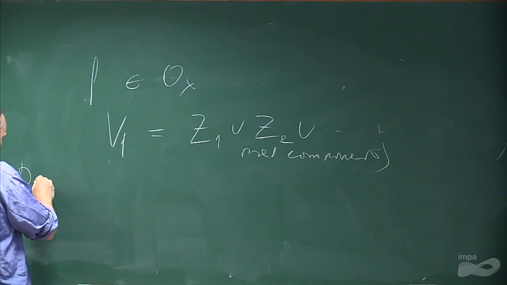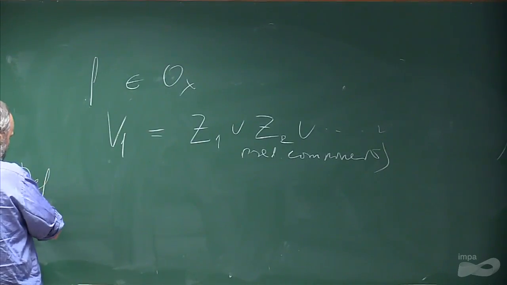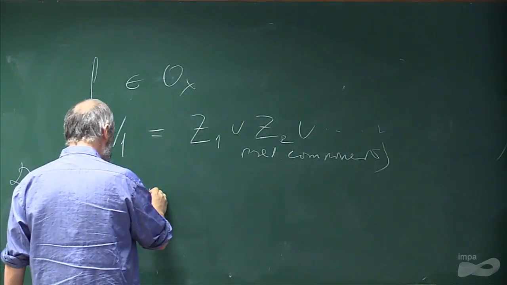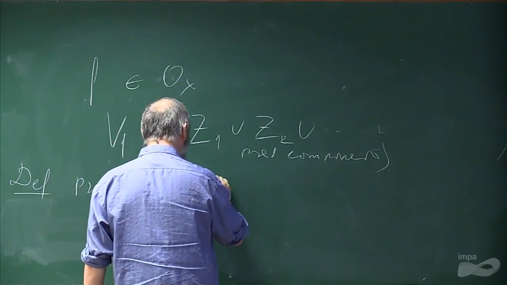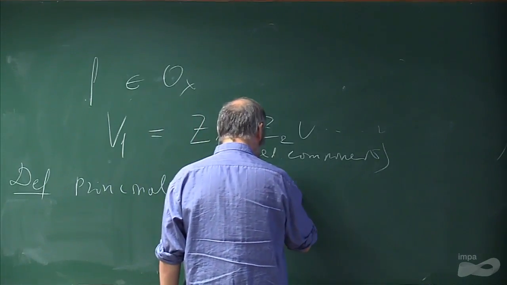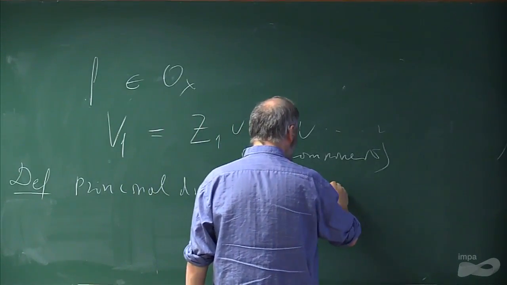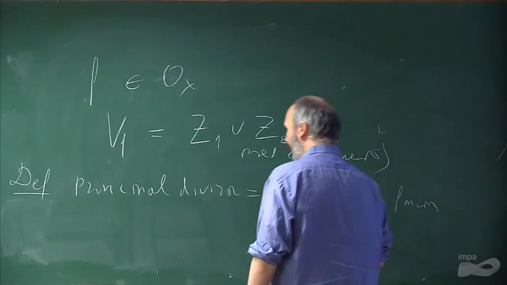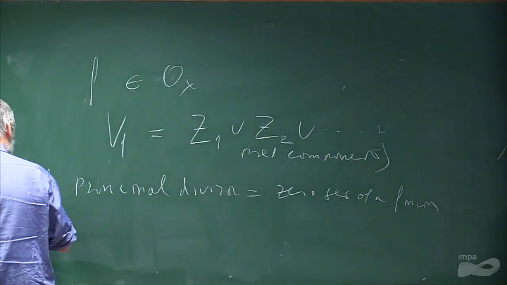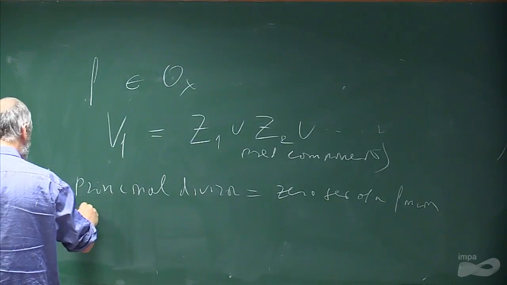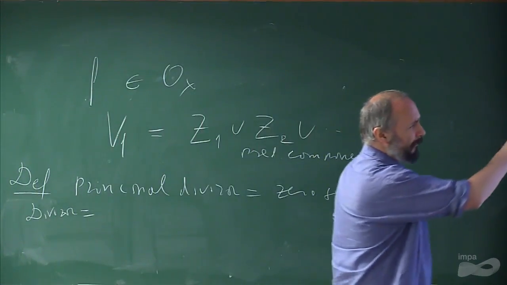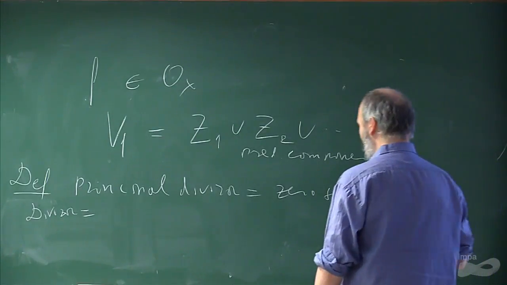So I will define a principal divisor. A principal divisor is the zero set of a function, and it's better to have an irreducible variety.